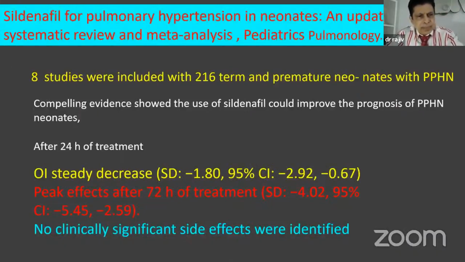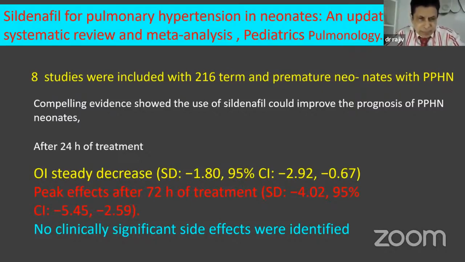So this is a systematic review in Pediatric Pulmonology, April 2021. Eight studies were included, and all came to the conclusion that OI steadily decreased, with effects after 72 hours. This is important for us. When we start weaning down nitric, or the FiO2 or any other parameter, the pulmonary vascular stability helps us wean the kid off the ventilator without any rebound, which we see with nitric oxide.